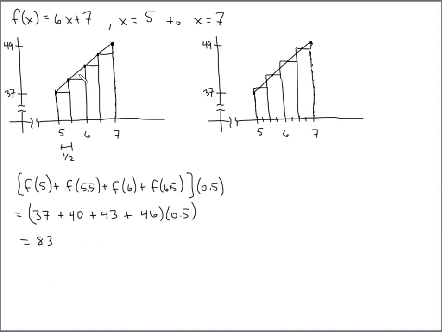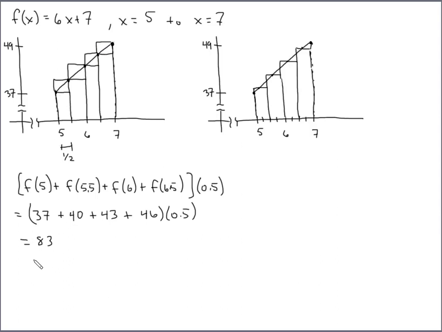So 83 is a left endpoint approximation. We see that's clearly an under approximation since we were missing all that area right there. For the right endpoint approximation, we plug in the right endpoint of each subinterval, and that will determine the height of each rectangle. I'm just going to do that right on top of this one. If I do that, then I have to make the rectangles actually go backwards to the left. So my first rectangle would look like that, second one like this, third one like this, fourth one like this. So all of these are clearly larger, an over approximation.